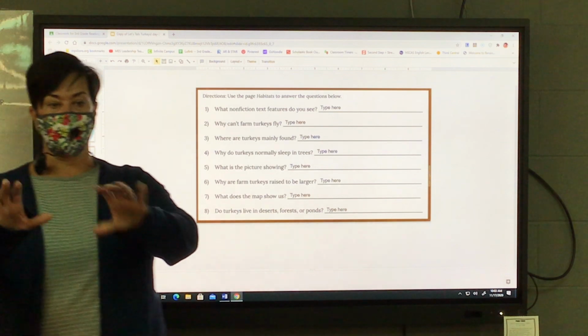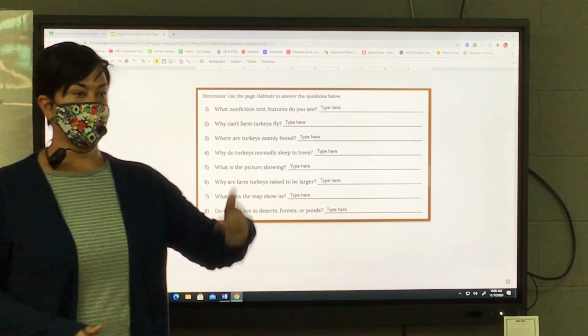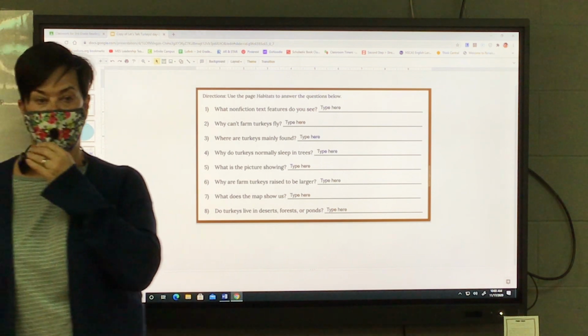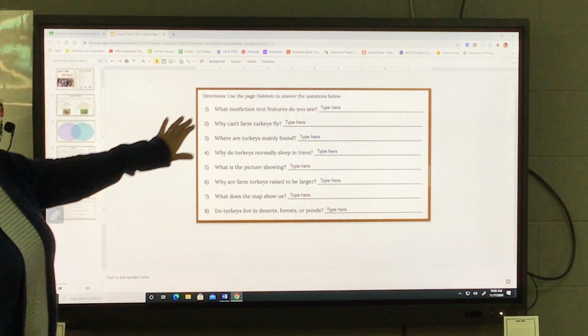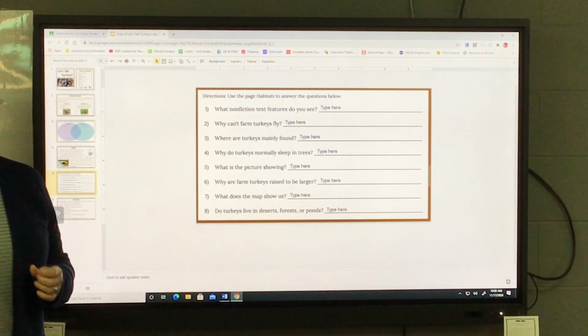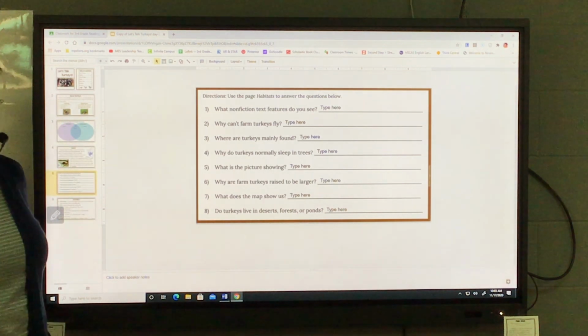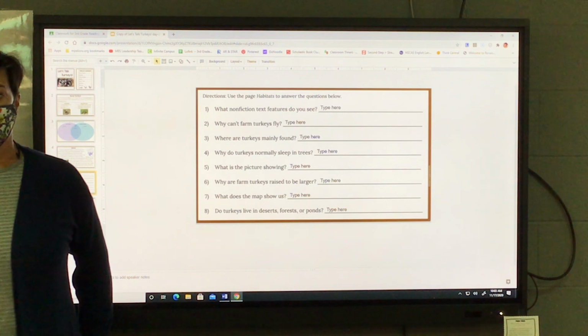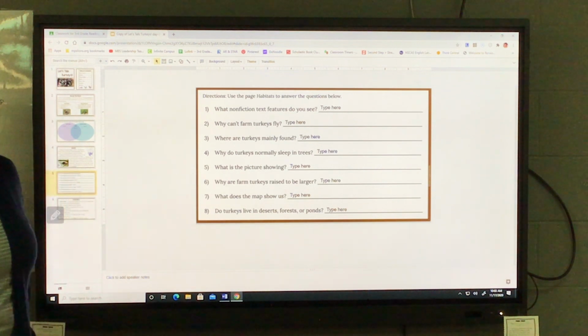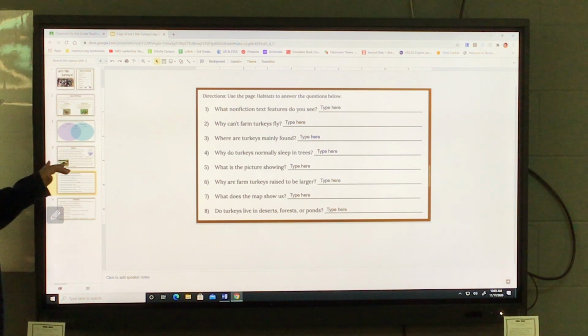I'll have you leave your questions up even when I go back up to slide 4 for habitat. But look at question 1. What nonfiction text features do you see? We'll talk about that, and it'll make sense once we go back to slide 4.